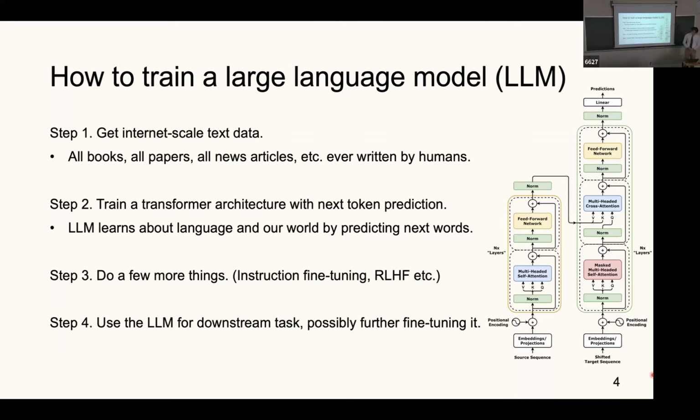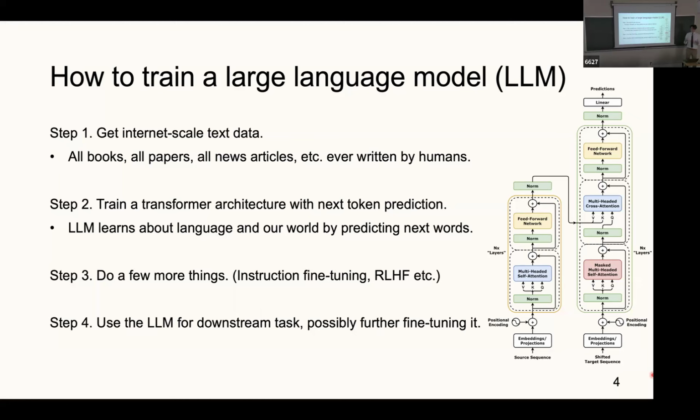What is meant by next token prediction is you show the neural network architecture the first part of the paragraph, the sentence, your text, and then you ask the transformer, your neural network, to predict what's going to come next in terms of the next word. This is a very simple objective, but in order to be able to read a paragraph and then predict the next word, the model really needs to understand language very well, and it also needs to understand our world very well.